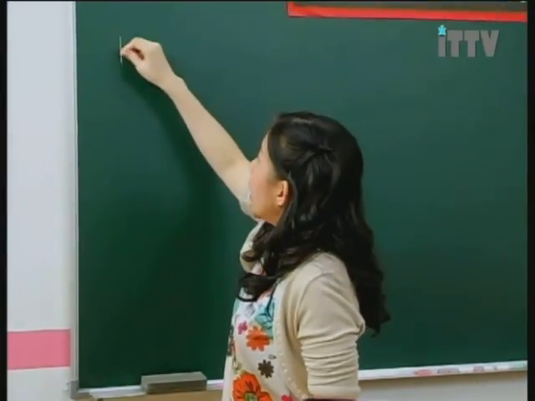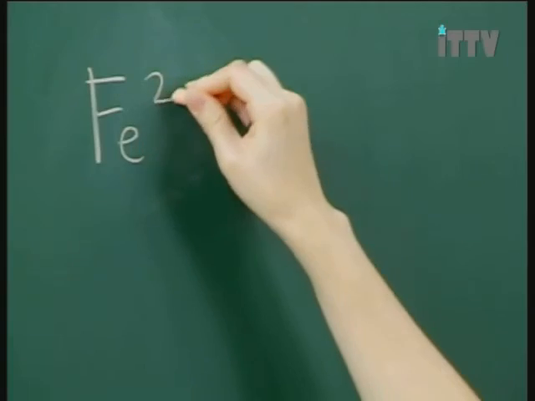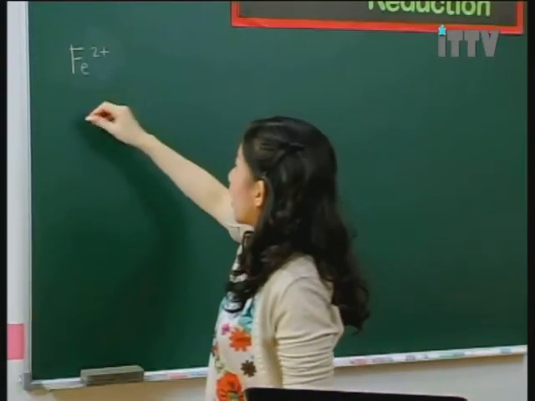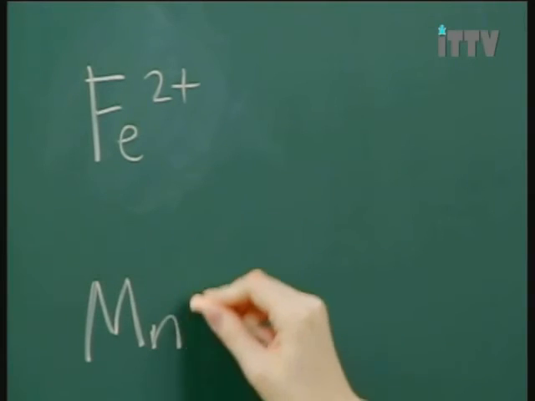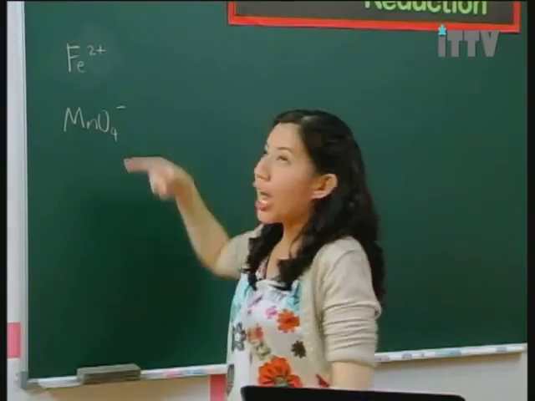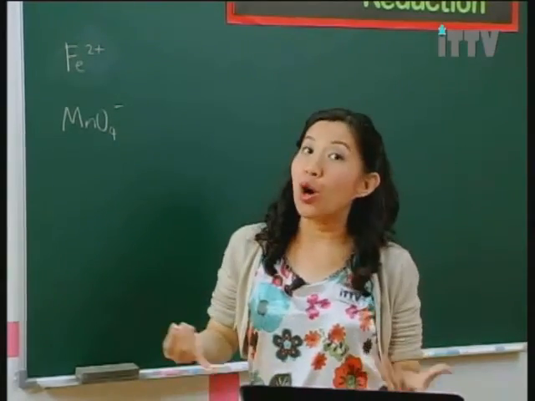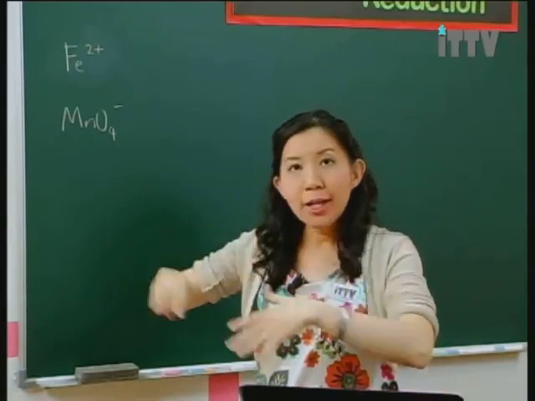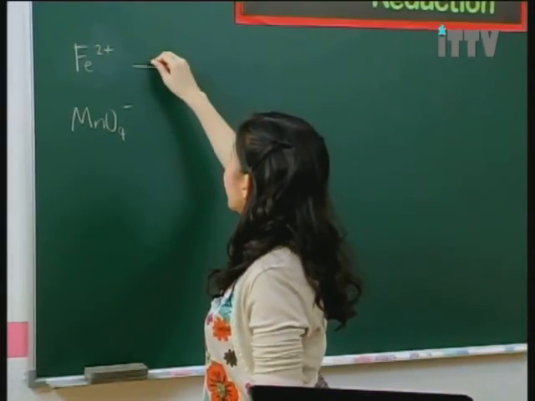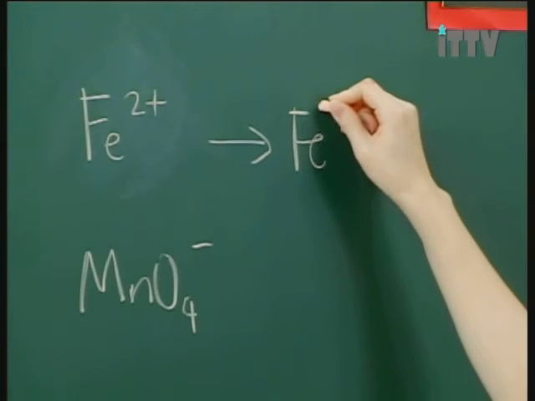So, we have the presence of Fe2+ in one arm of the tube, and we have our manganate ion in the other arm of the test tube. Which ion would be easier to be oxidized, as in has a higher ability to give away electrons? That would surely be Fe2+.